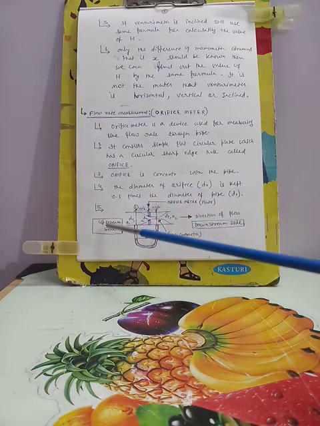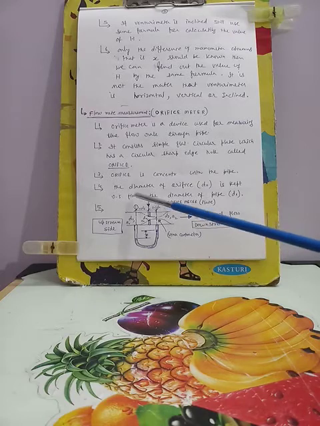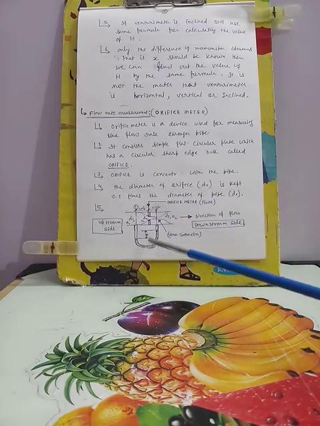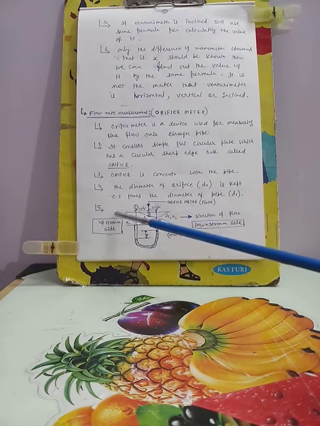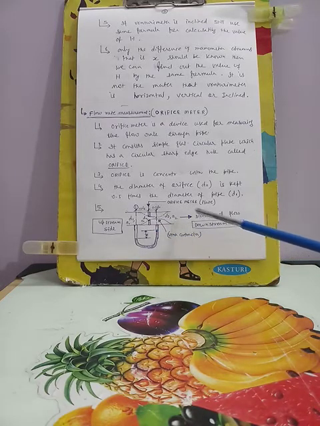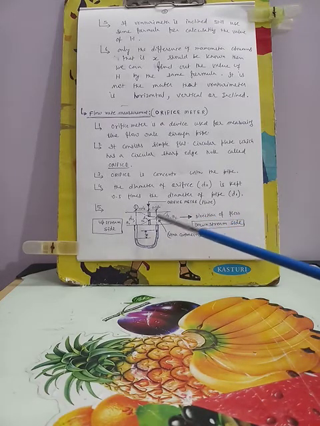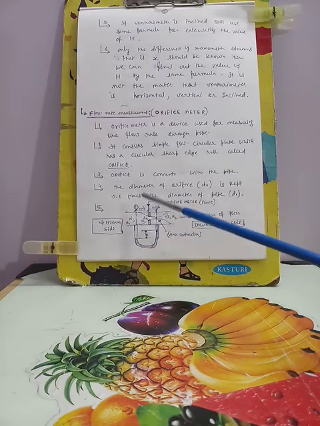Here I am showing this figure. Let us understand some important terms with the help of this figure. This is the pipe. Through this pipe we are interested in finding the flow, the discharge. And this is the orifice plate which we have fitted here.